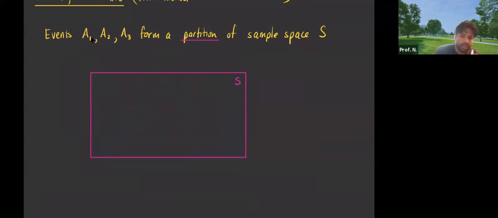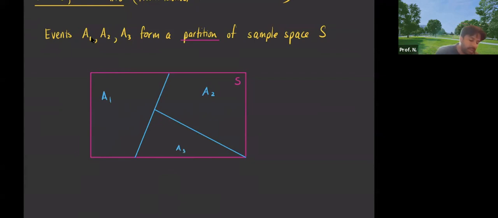So each of those events cannot occur at the same time, which visually means I'm literally just dividing, I'm carving up. It doesn't have to be straight, it doesn't have to be curved. I'm just carving up this sample space into 3 distinct regions. This is going to be A1. This whole region here is A1. This whole region here is A2. And this whole triangular region here is A3. This is just an example, right?